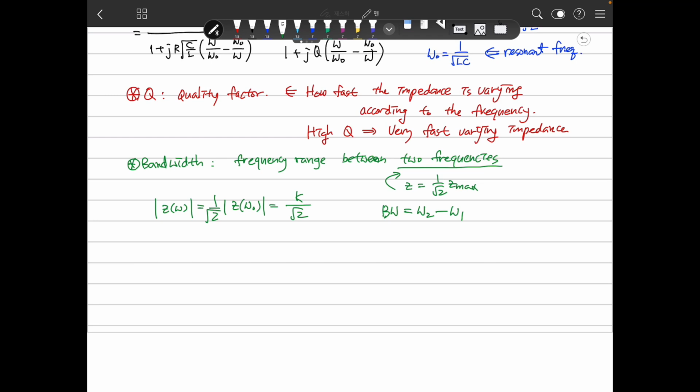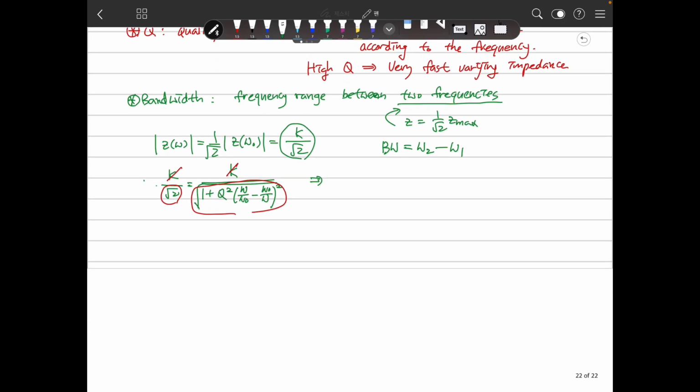Then we can calculate omega 1 and omega 2 directly. How can we do that? Because of this here, this is K over root of 1 plus Q square times (omega over omega 0 minus omega 0 over omega) square, and this is the same thing as the other one.